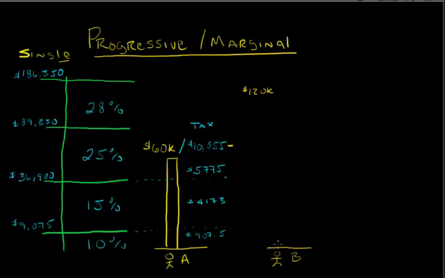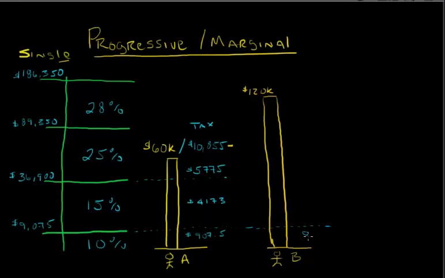So let's say this person has their column of income, $120,000, which is exactly 2 times person A, okay? So we start right where person A did. We go to this dollar amount and we say, okay, well, it's exactly the same for them. For the first $9,075, you pay 10%.